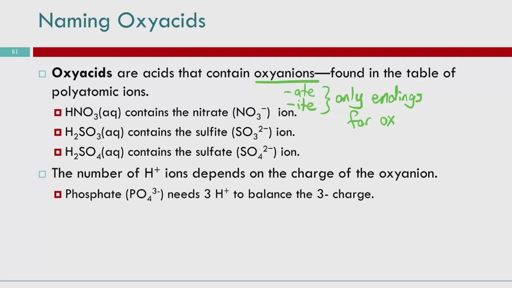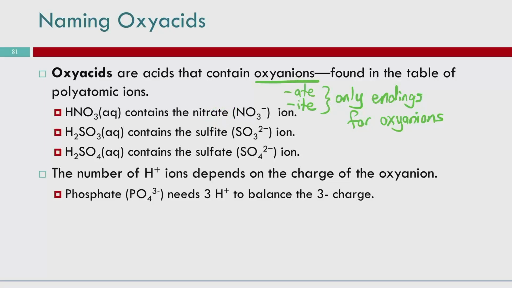So anytime you see ate or ite, you know that it's an oxyanion. There are lots and lots of oxyanions. So again, it's easiest if you memorize, or if you look up the ate ending and you know how we're going to change things.